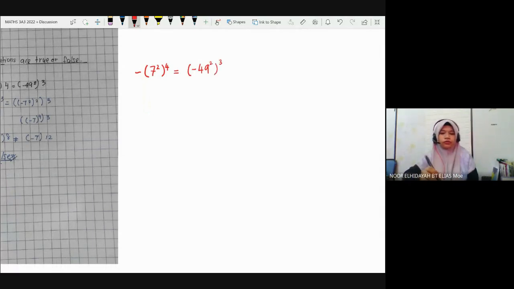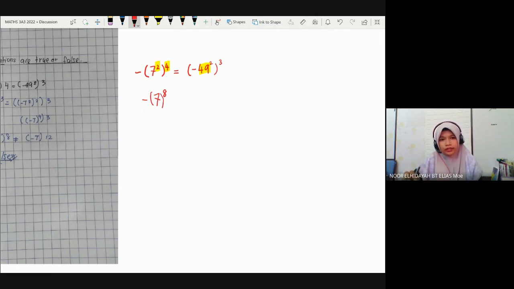Now 49 can be written in base of 7. For the left hand side, we solve this one, it will get negative 7 to the power of 8 because we multiplied the index. This one the negative is outside, so it will not affect the value. So here is in bracket, 7 tu.